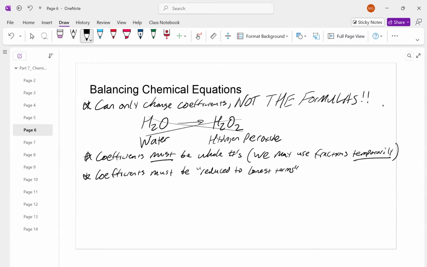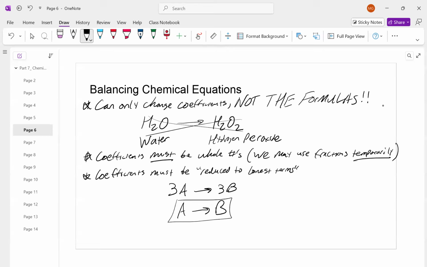What do I mean by that? Well, let's say we have a chemical equation where 3A is going to 3B. If I can divide every single aspect of this reaction by the same number and reduce it, then you have to do that. So I can divide both of those by 3, and my balanced equation will look like this.